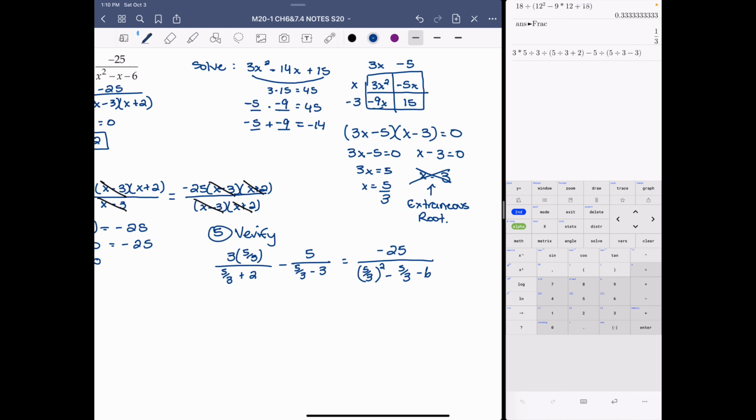Close the bracket, enter, math, enter, enter, gives me 225 over 44.